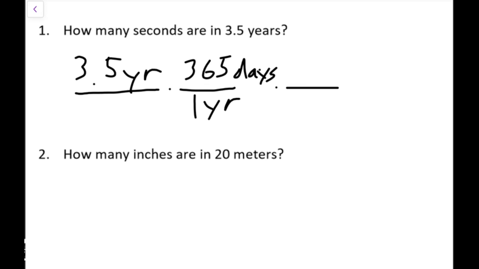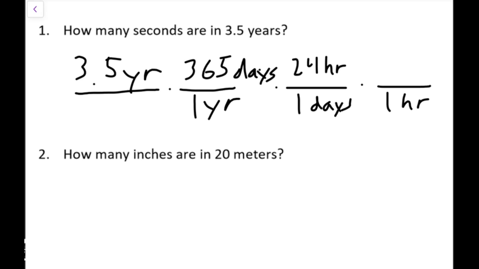Multiplied by days to hours, so days goes on the bottom. And 1 day is 24 hours, so 24 hours is on top. And then there are 3,600 seconds in an hour. Hours goes on the bottom.